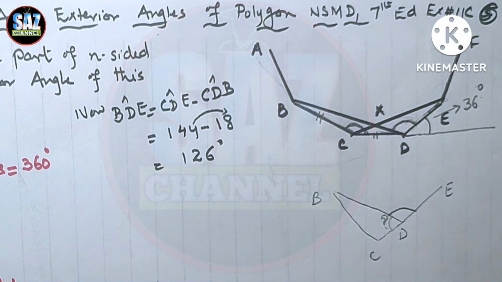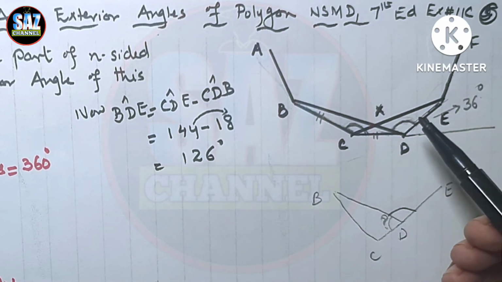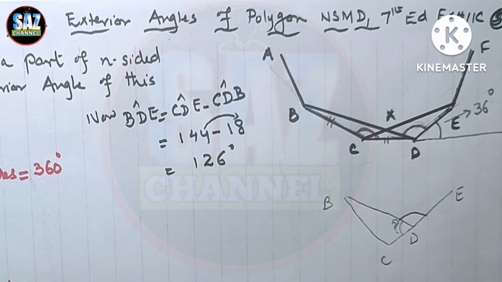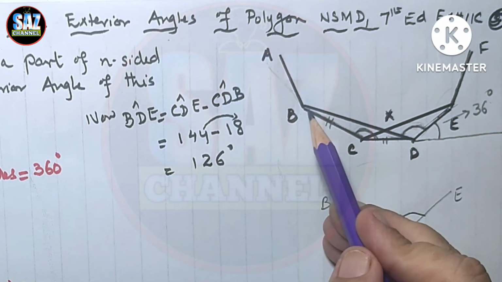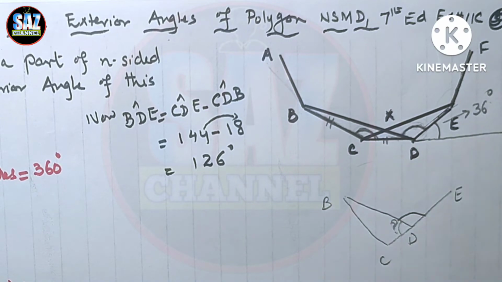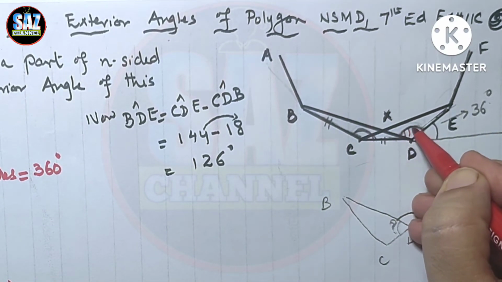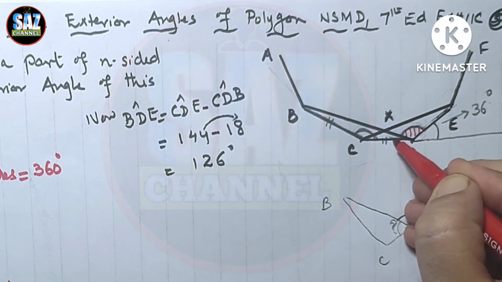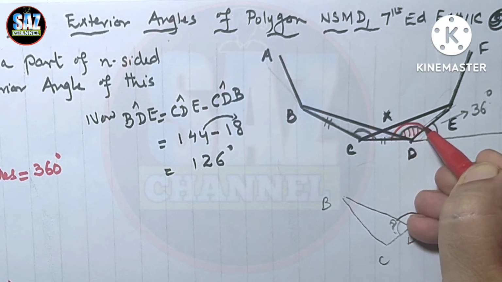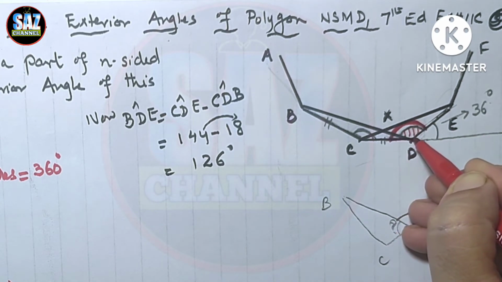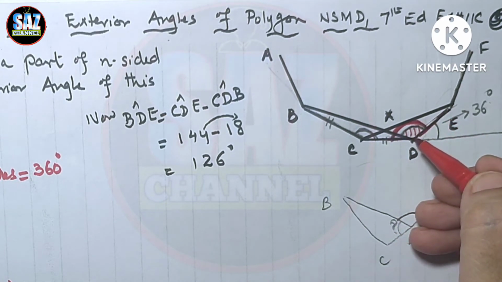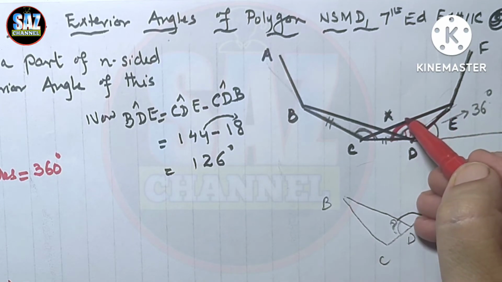I hope, students, you are clear how we are finding BDE. Let me once again make this point clear: I need to find BDE, this angle. First I should have this complete angle with me, the interior angle of the decagon, which has a total value of 144 degrees.